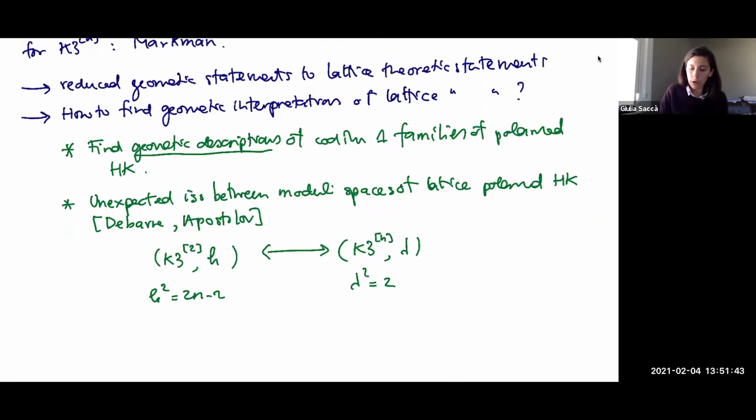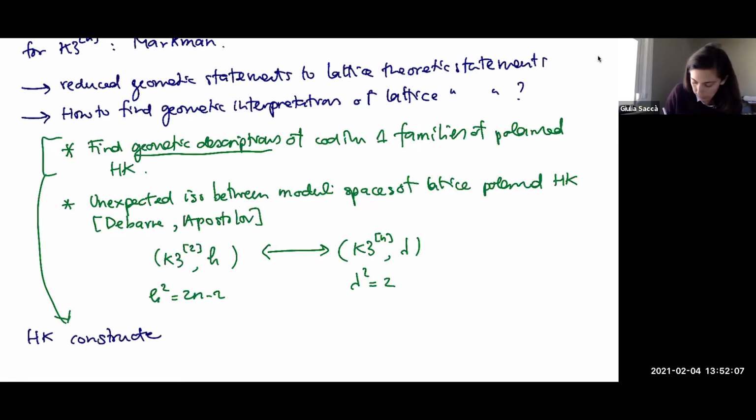Okay, and so in terms of answering the first kind of question, a big source comes from Fano varieties. This comes from hyperkählers constructed from Fanos.